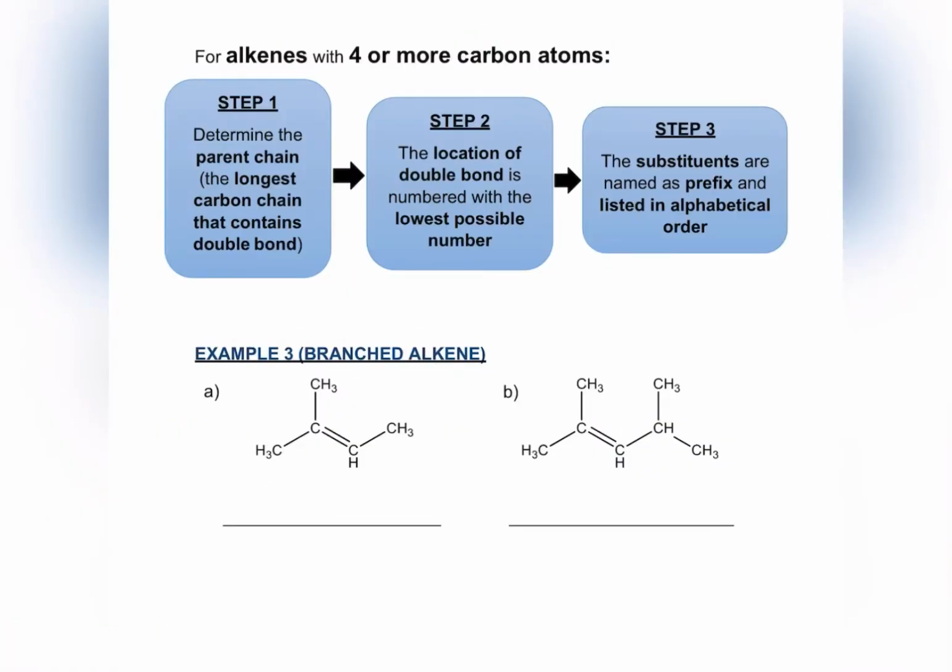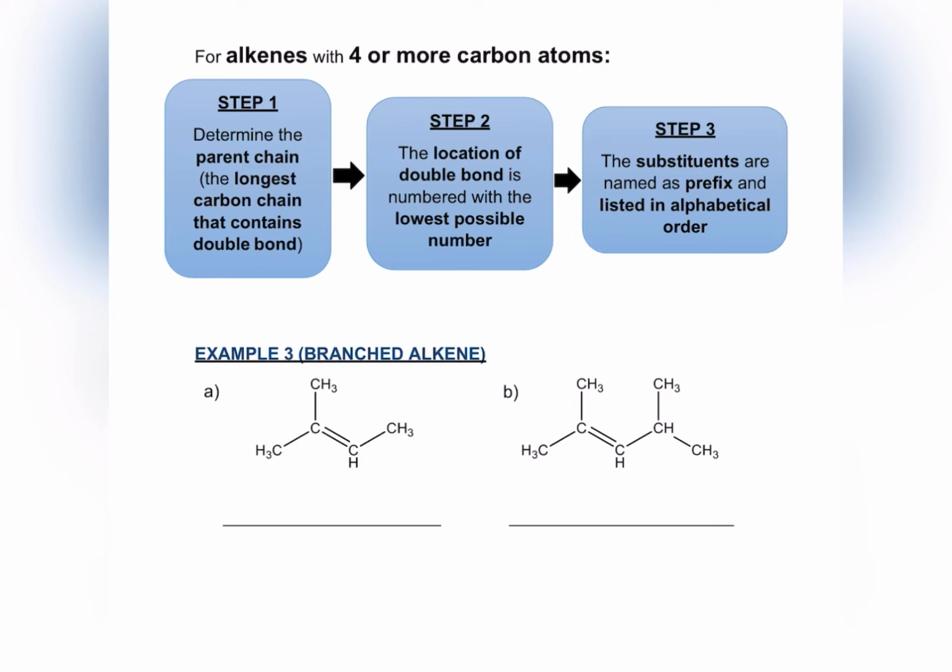Next, I'm going to introduce alkenes with 4 or more carbon atoms. As usual, there are a few steps you have to follow in order to give the correct nomenclature for alkenes. Step number 1, determine the parent chain, but the difference now is that the longest carbon chain must contain the double bond, which is the functional group for alkene, the carbon-carbon double bond.